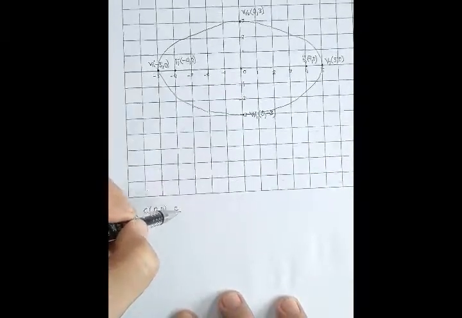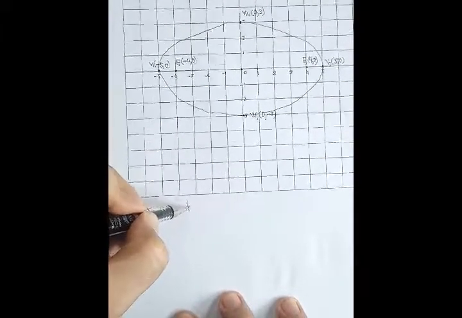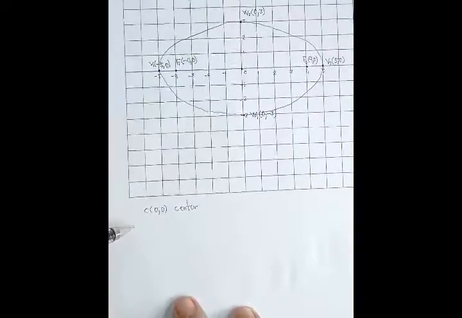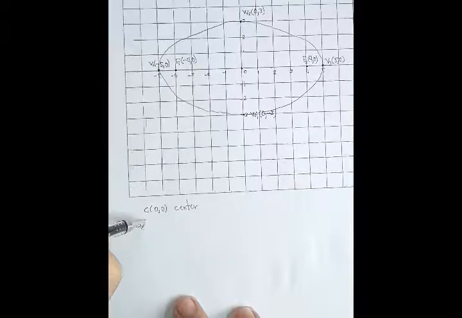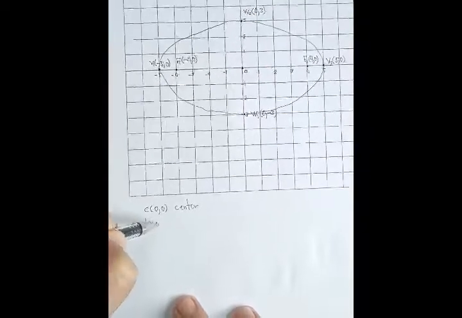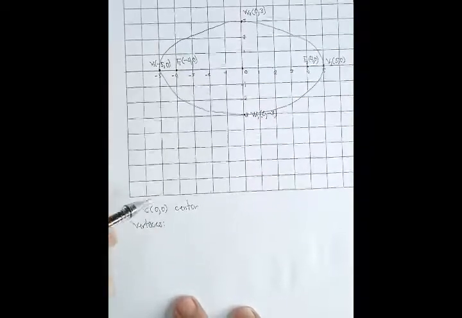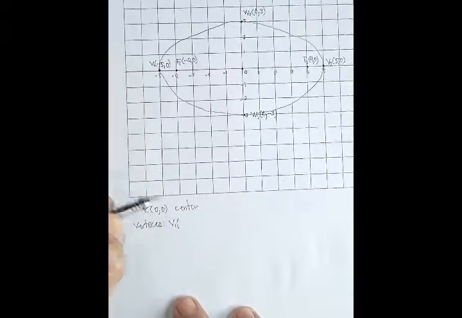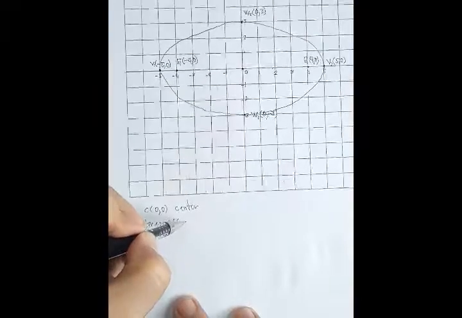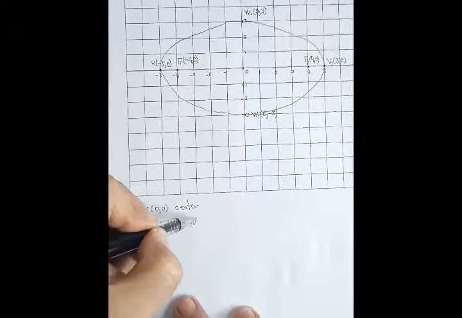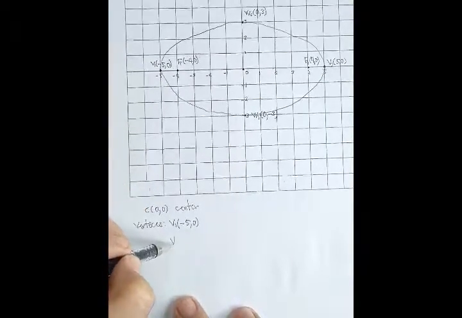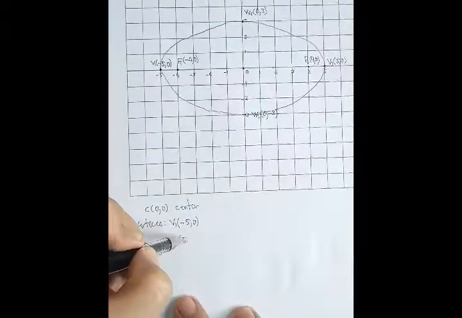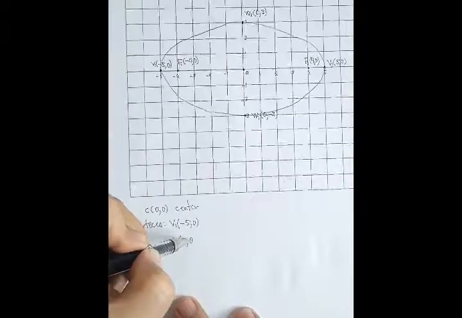Our vertices: the location of V1 is at negative 5, 0. V2, we have 5, 0.